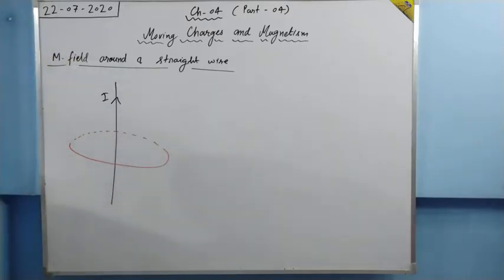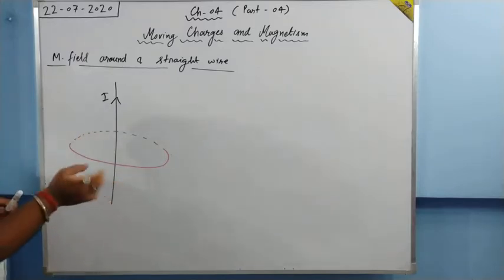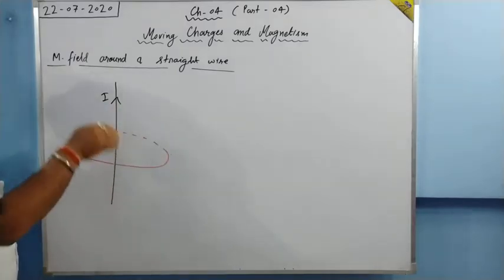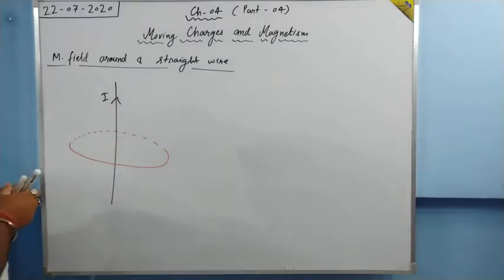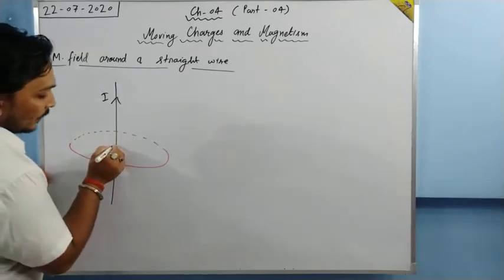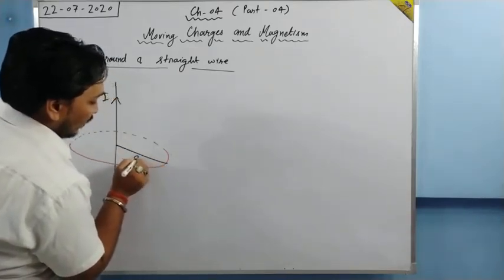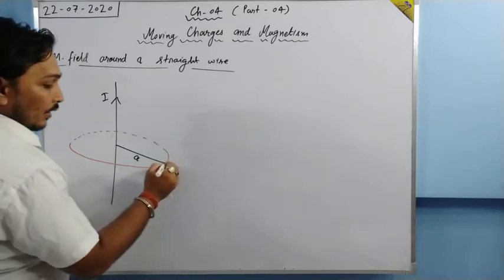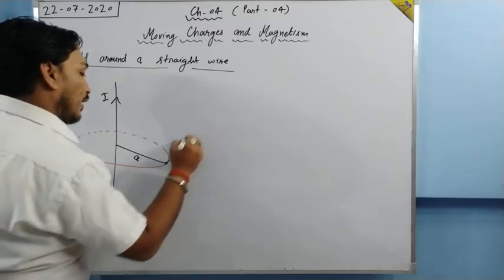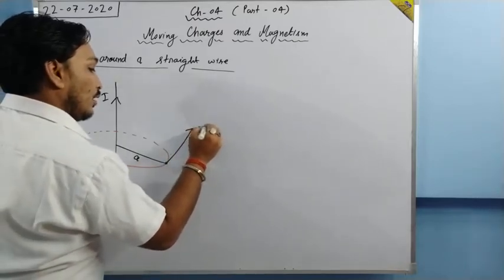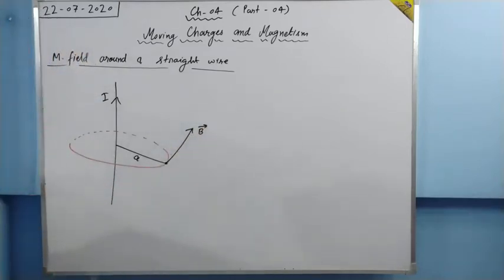Okay, again the same logic. Which is at the front, I have made it dark. Which is at the back, I have made it dotted. If the radius of this loop is a, suppose, then at this point the direction of magnetic field will be somewhere here. How is the direction denoted?